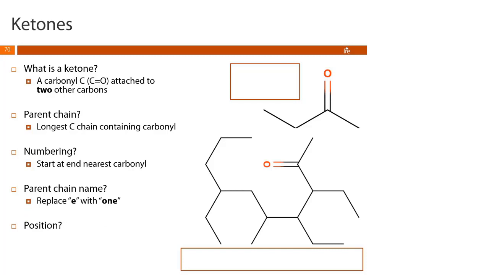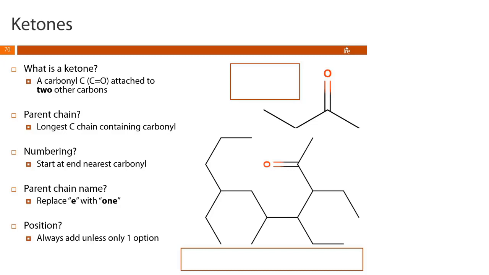And unlike carboxylic acids or aldehydes where the carbonyl is always position 1, for a ketone, we have to give the position of the carbonyl unless there's only one option. And I'll show you more what I mean by that with the examples on this page.